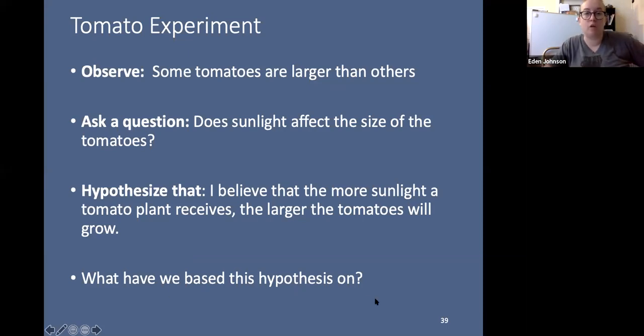You've based it on what you've observed, which is that something is causing some tomatoes to be larger than others, and you're also basing it on your prior knowledge. What is prior knowledge that you or anyone has with plants? That they need nutrients, they need sunlight, they need soil, they need water in order to live, okay? So you're basing it on prior knowledge.